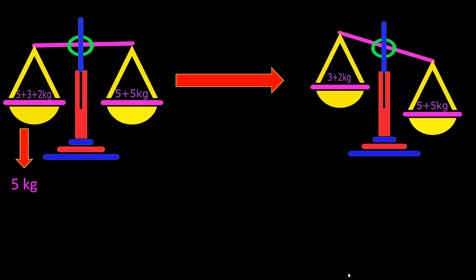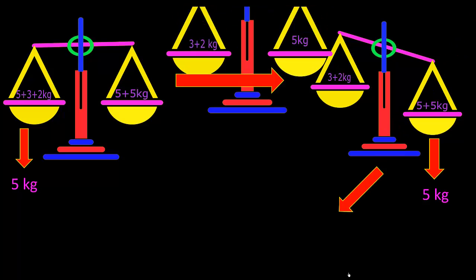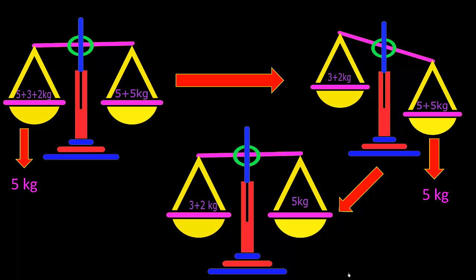Well, you're right. We're gonna have to take away 5 kg from the other side also, like this. Now our balance would look something like this. So now it's equal again. From this, we see that we're gonna have to perform the same operation on both sides.